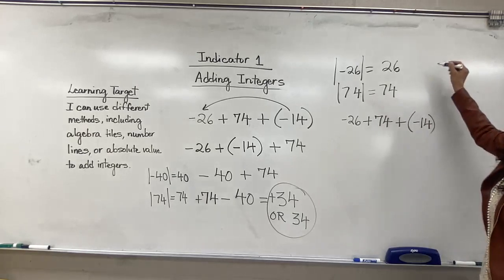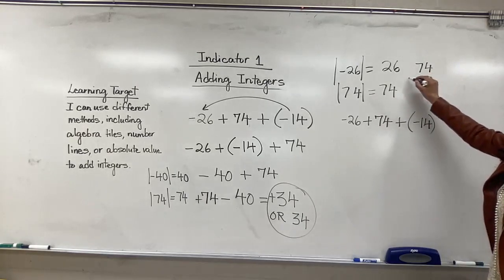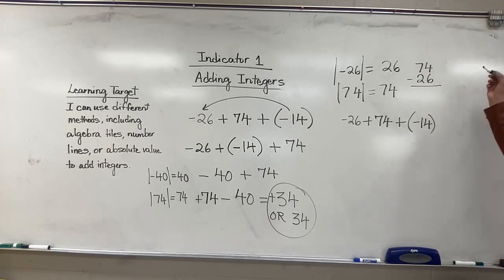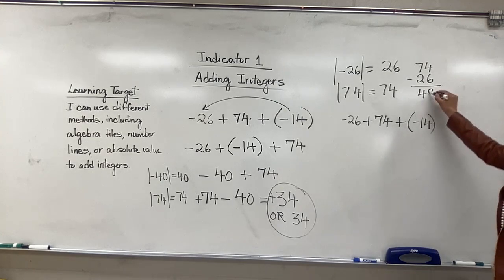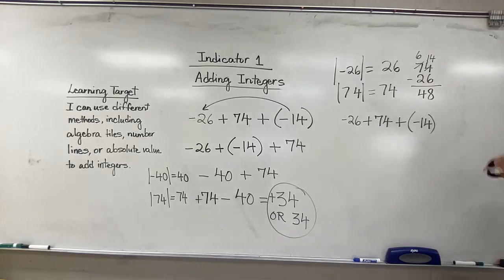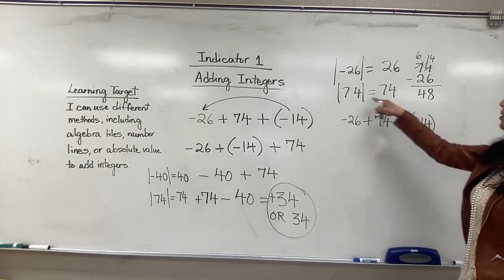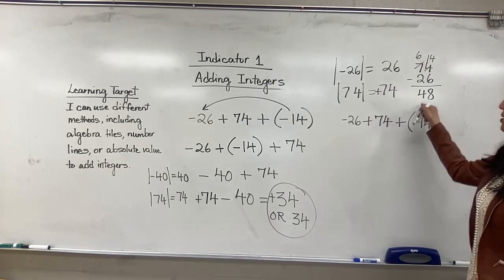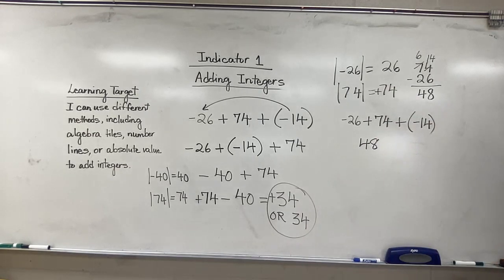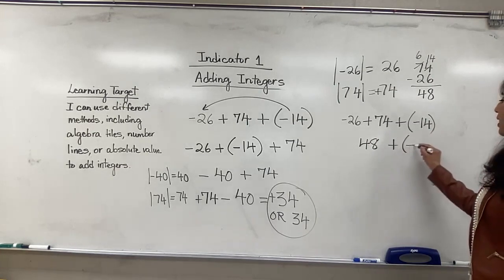So I am going to do 74 minus 26, and I am going to get 48, because this becomes 14 and this becomes 6, and 14 minus 6 is 8. 6 minus 2 is 4, and I know that the sign in front of the bigger number is positive, so this is positive 48. And then plus the negative 14.